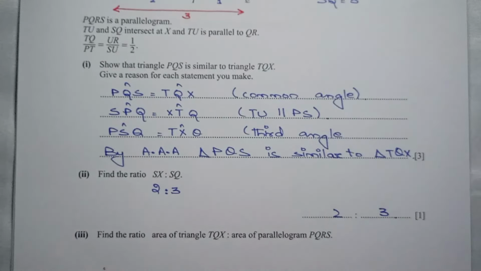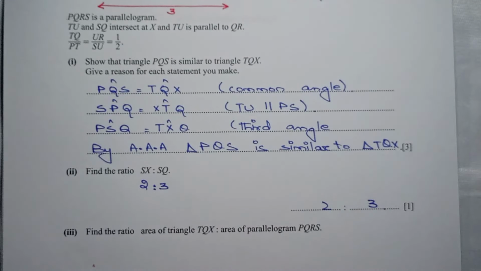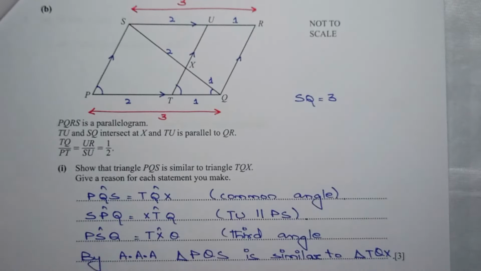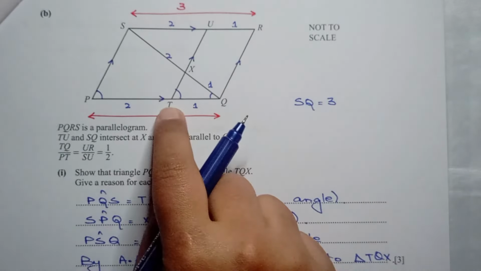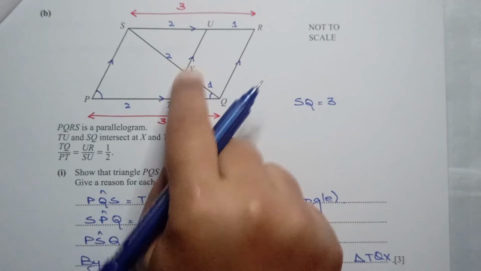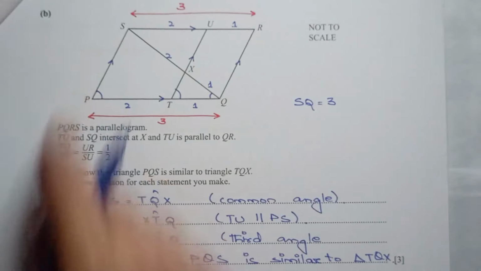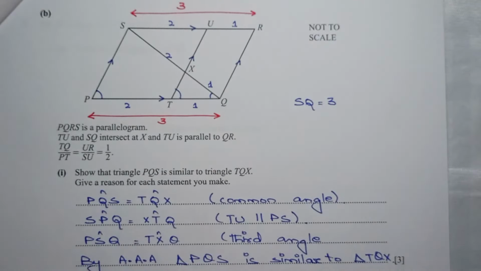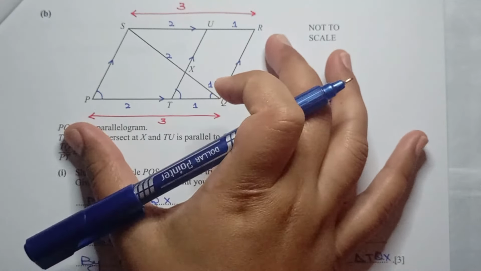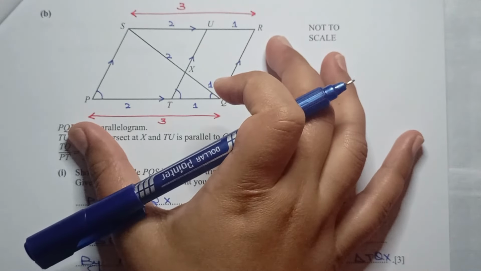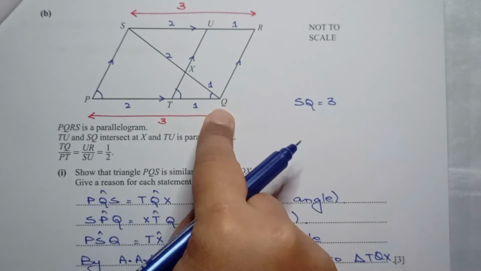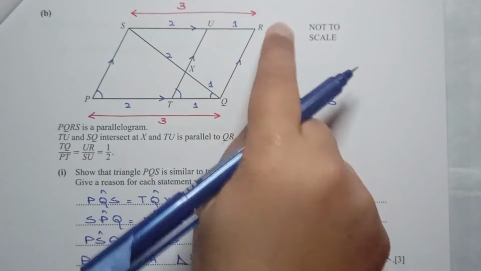Now for the third part, find the ratio of the area of triangle TQX to the area of parallelogram PQRS. Okay, so the area of triangle TQX, this one, and we need to find the area of this parallelogram. As we can see, this parallelogram is composed of two bigger triangles, PQS and SRQ.